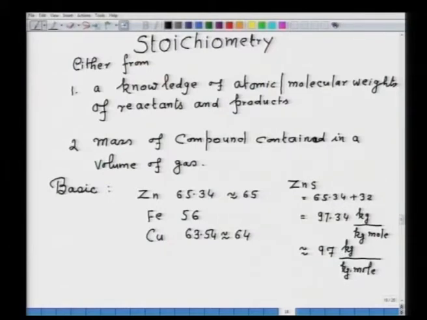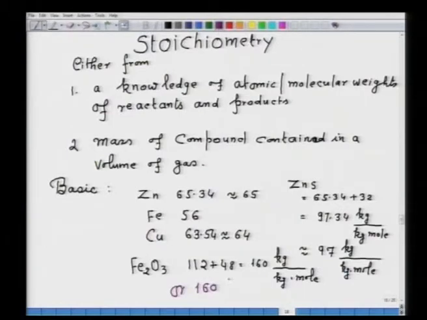Similarly, another example, Fe2O3: 112 plus 48, that is equal to 160. You can write either kg per kg mole, or you can also put 160 gram per gram mole, whichever way the problem is.